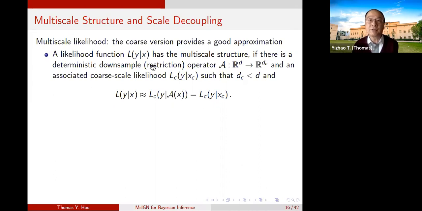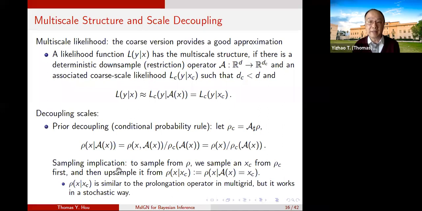We say that the likelihood function L(y, x) has a multiple scale structure if, for a deterministic downsampling operator A, for example a local average pooling, there is an associated coarse grid likelihood function L_c(y | x_c), with dimension d_c less than the fine scale dimension d, so that the likelihood function can be approximated by the coarse likelihood function, which replaces the fine grid coefficient x by the coarse grid projection, right? That is the observation we made in the previous paper.